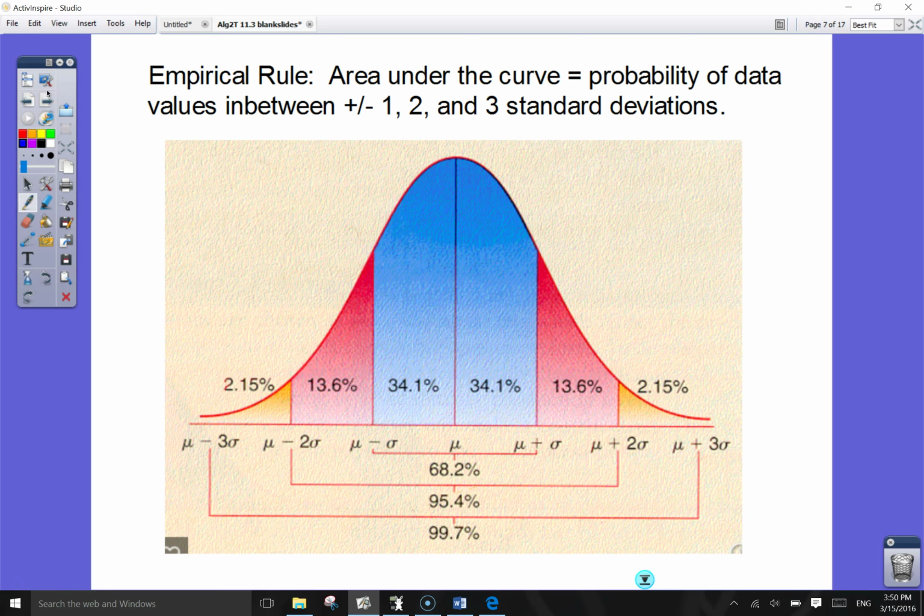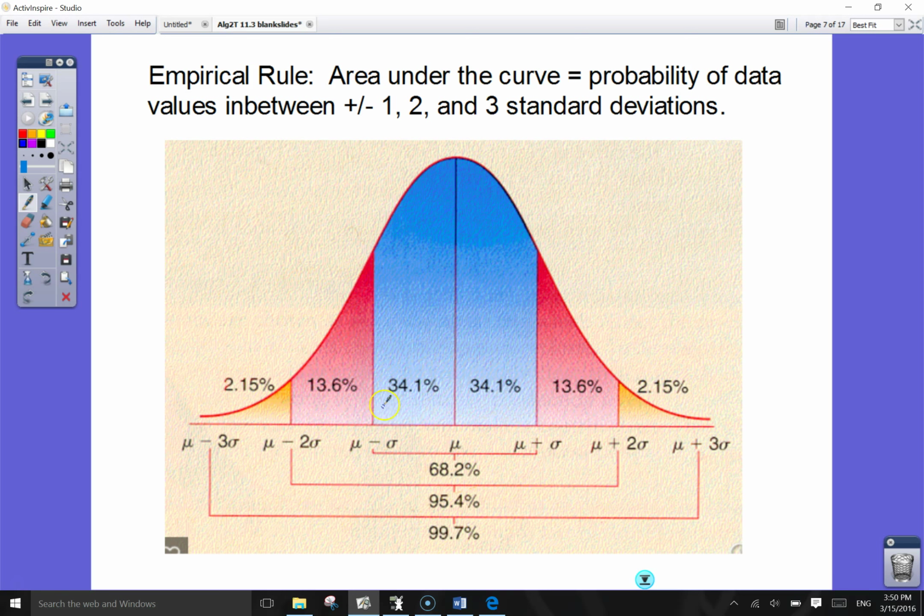So the first thing that we got to know about the normal curve is because it has a very precise mathematical equation behind it, that in fact there are some standard percentages of the amount of the data which is in between the standard deviations under the curve. And again, we are going to interpret the area under the curve as a probability.